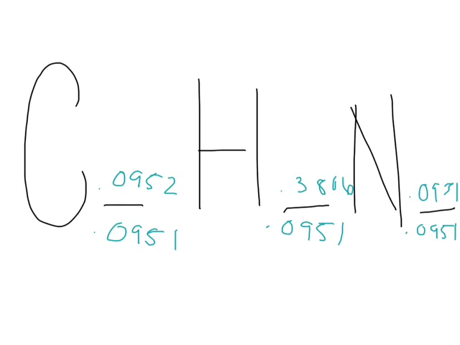In the end you are going to end up with C1H4N1. These numbers aren't exact, but always look for a way to get it to a half or a whole number. If it is around a third, especially for our test on Thursday, then you would just know to multiply everything by 3 to make it a whole number.